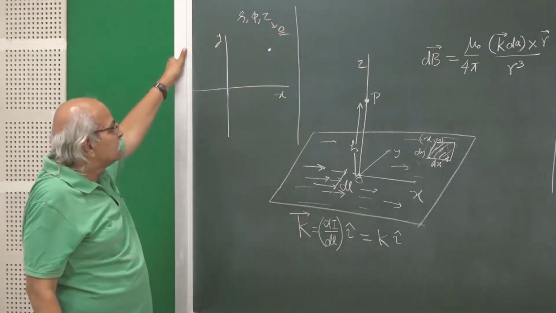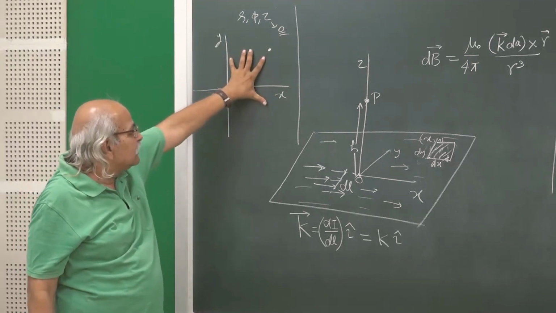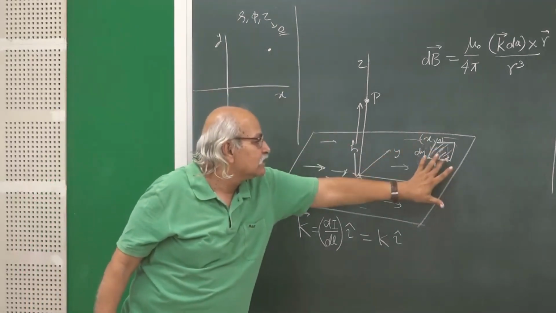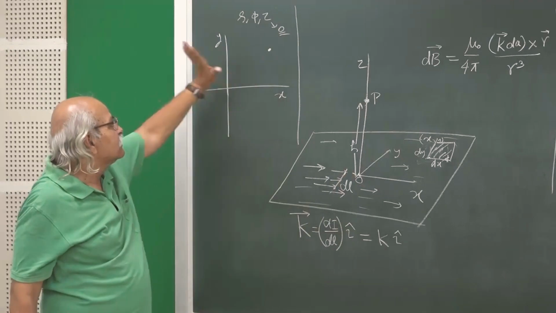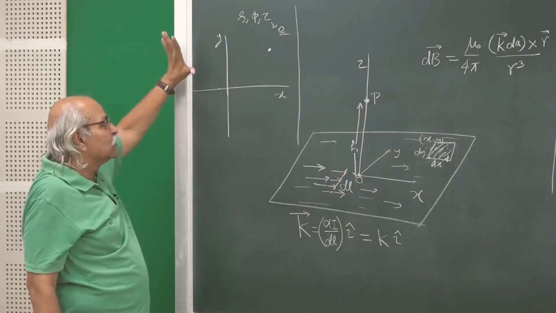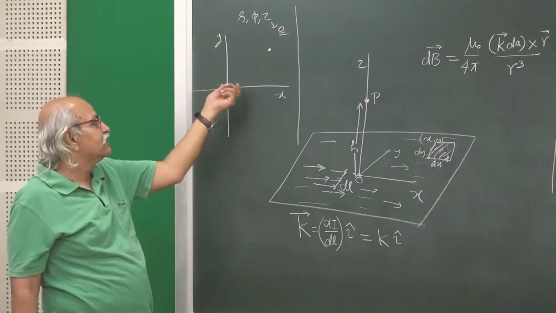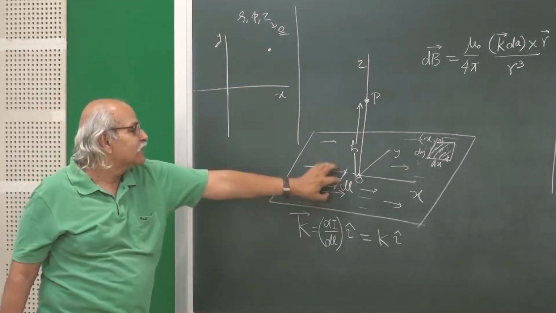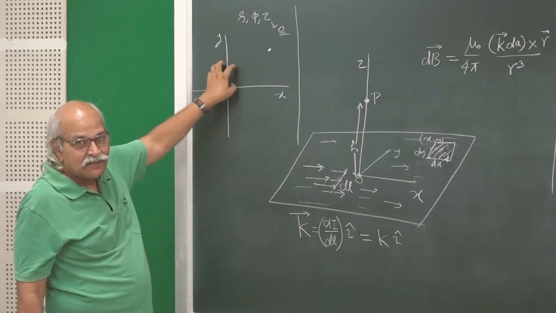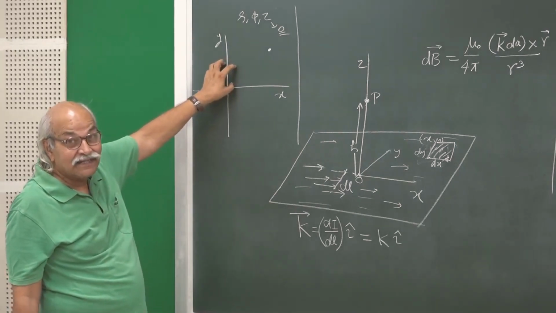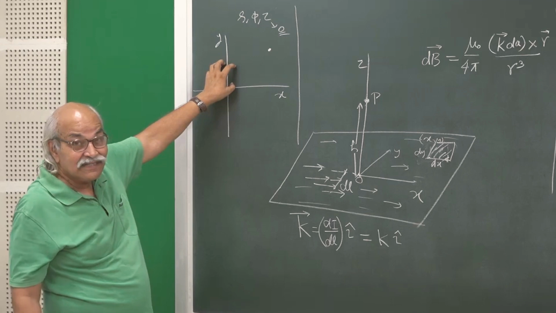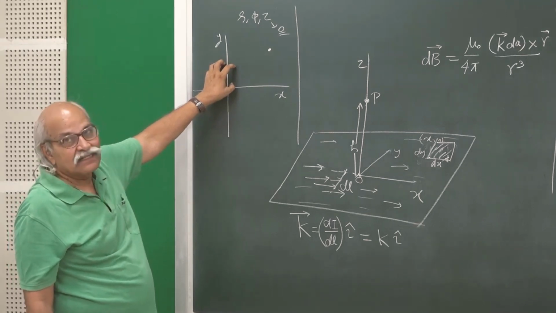We are talking of a point in the xy plane where we will take the current element. So, z is 0, and for s and phi, what is s, what is phi? This diagram is different from the earlier one. I am trying to explain how we can take surface elements in a plane using cylindrical coordinates.